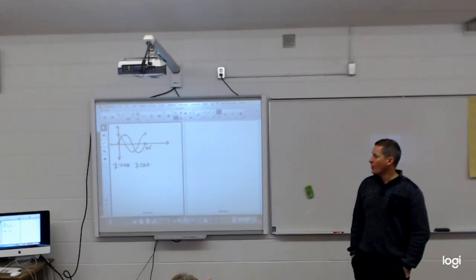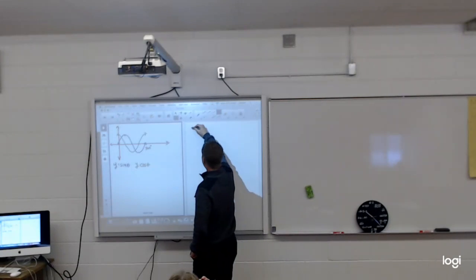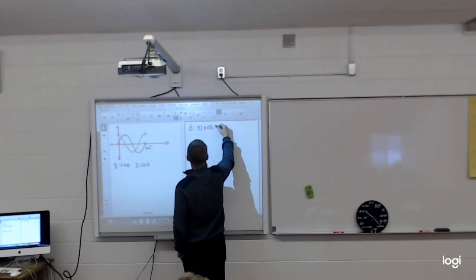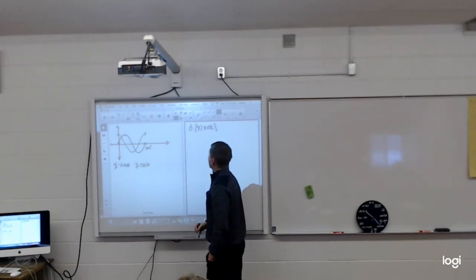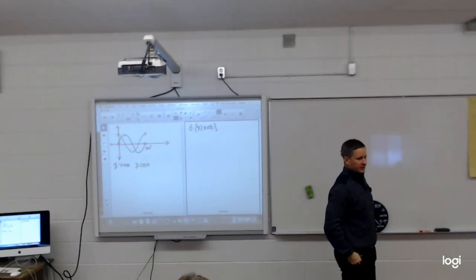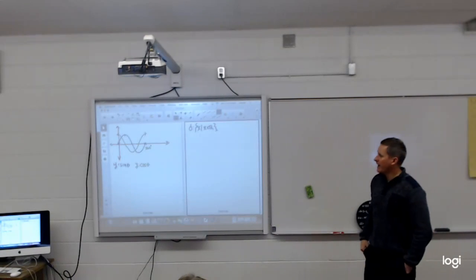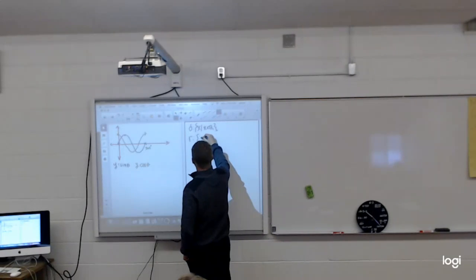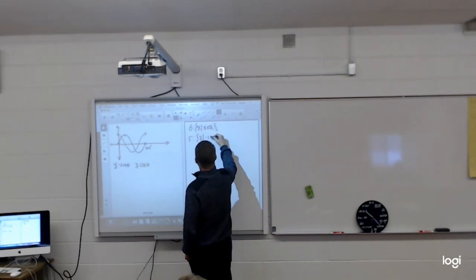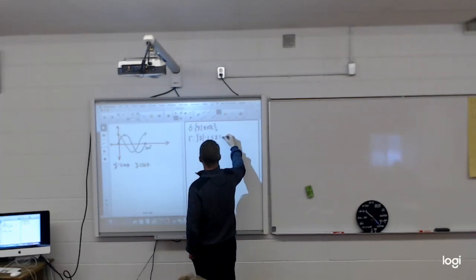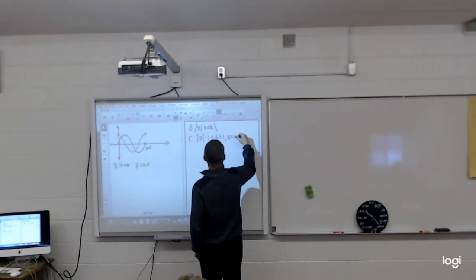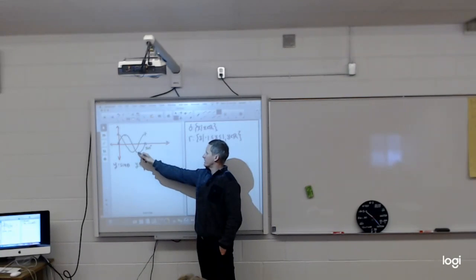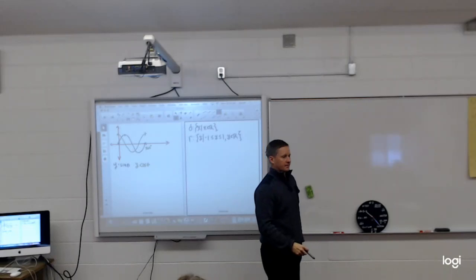The domain for both of these: x is an element of all reals, because it goes forever. The range for these: -1 less than or equal to y, less than or equal to 1. Y is an element of all reals. So the lowest it goes is -1, the highest it goes is +1 on those graphs.